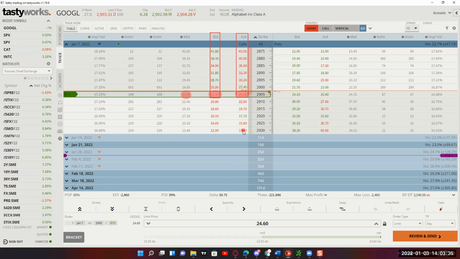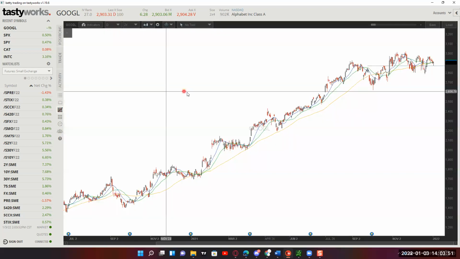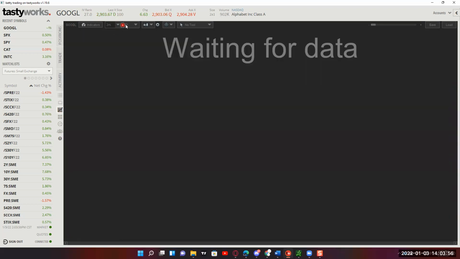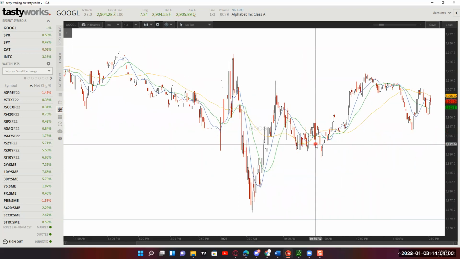So you're trying to get filled and you're already in the hole just because you hit the ask right on the dot just to get in because you wanted in and you didn't want to get left behind. And I get that. We want our trade, right? You know how it is. Come out and look at a chart. So here's today's market.